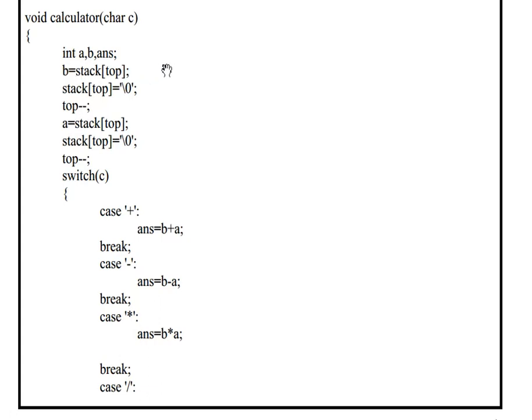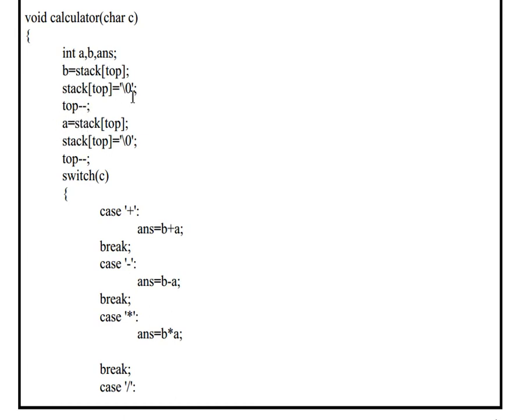That is, whenever we push the elements a b star, a will be at the bottom and b will be at the top. So when we take them out, operand 2 will be at the top and operand 1 will be below operand 2. So we need to extract b and then extract a.